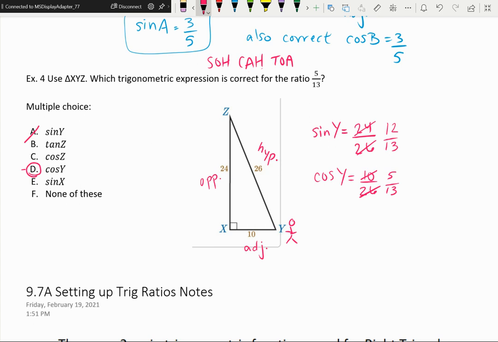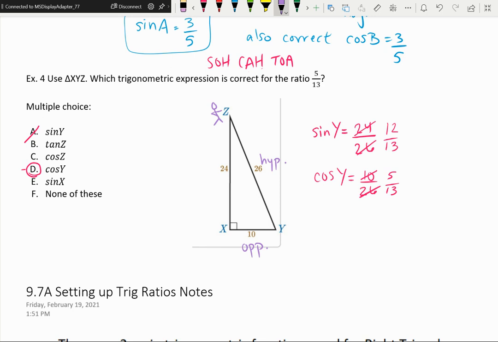All right, let's try the tangent of Z. So now if I move my person to angle Z, I'm going to rename, because now the opposite leg is 10. The hypotenuse is still the same. I shouldn't have erased that one.